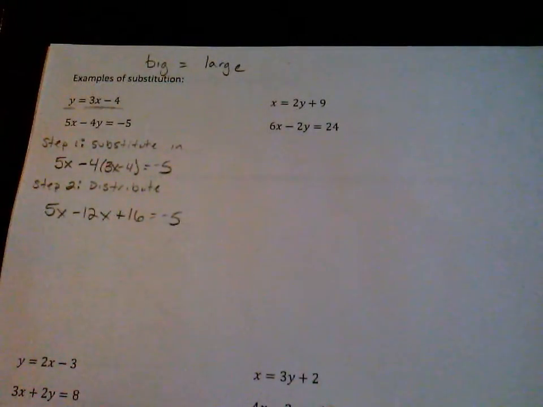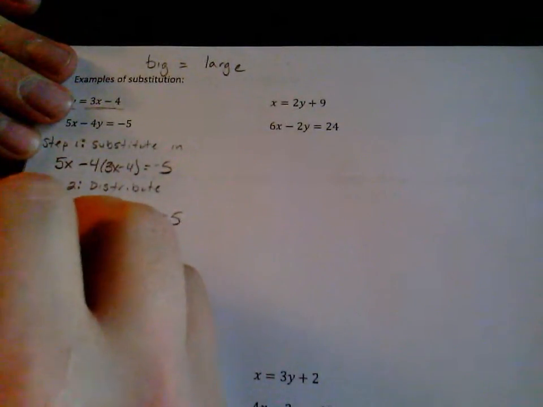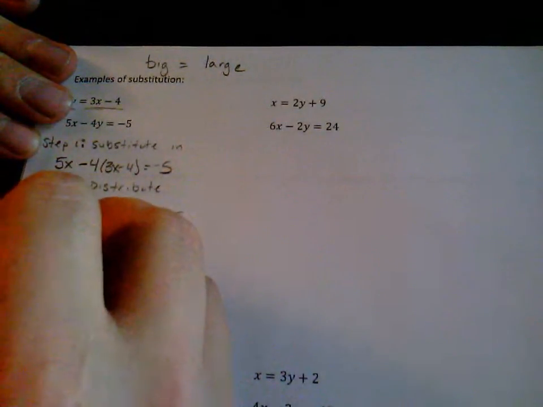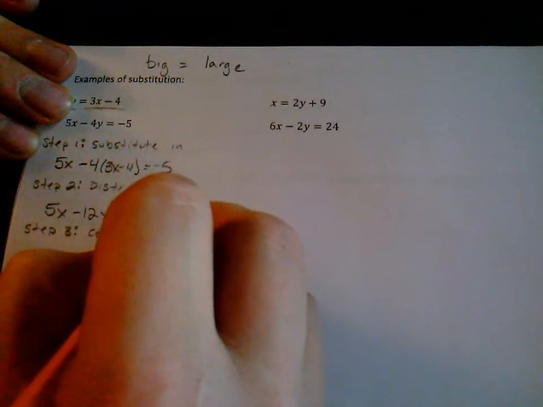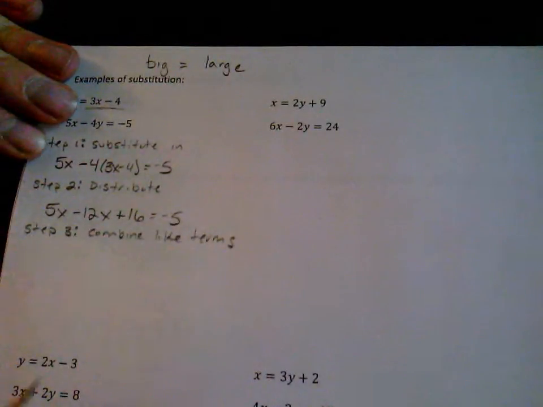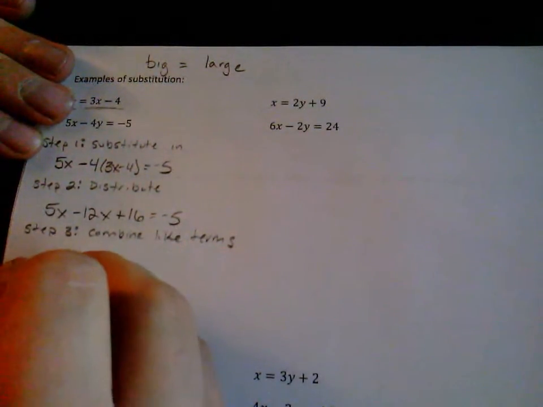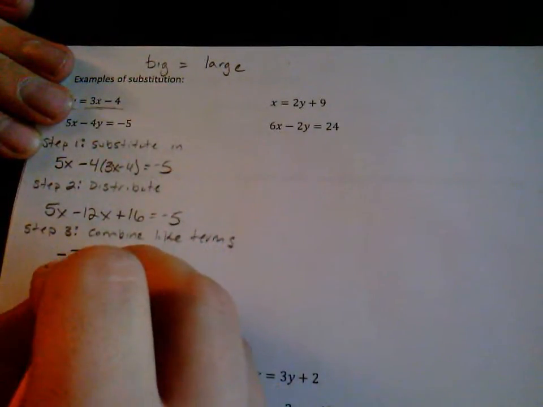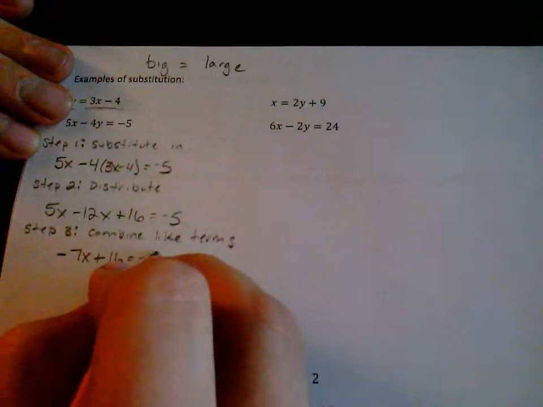Next step, step 3, combine like terms. My only like terms here are 5x and negative 12x, so I'm going to take 5 minus 12, which is negative 7x plus 16 equals negative 5.